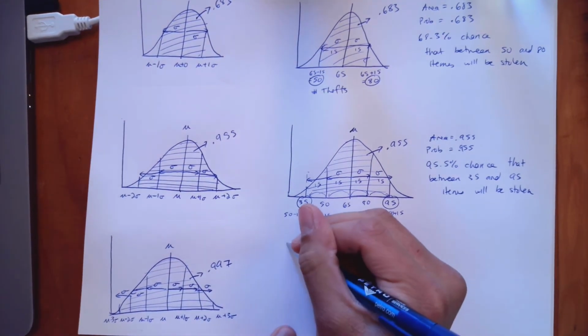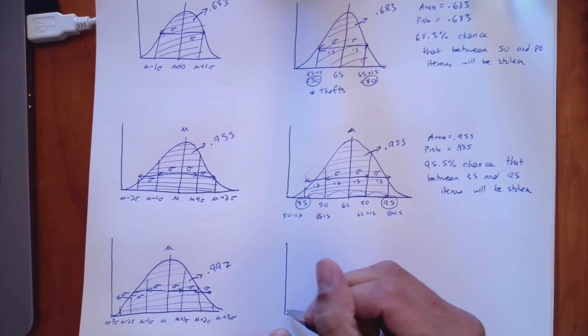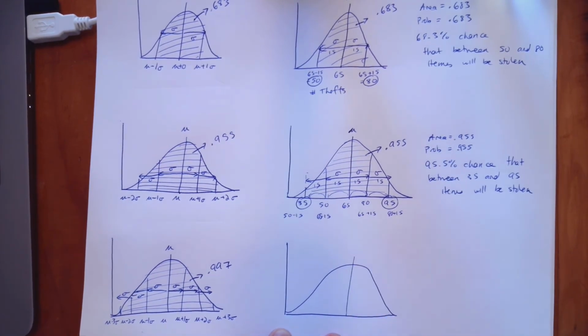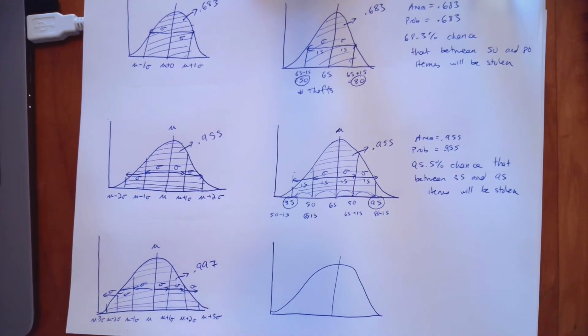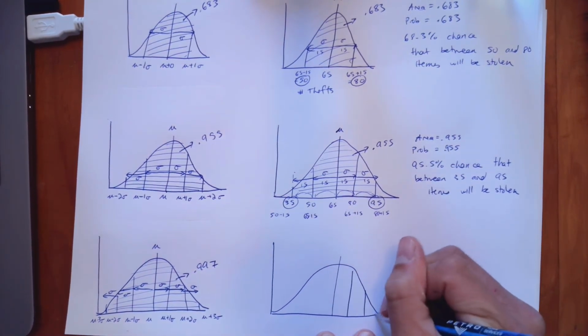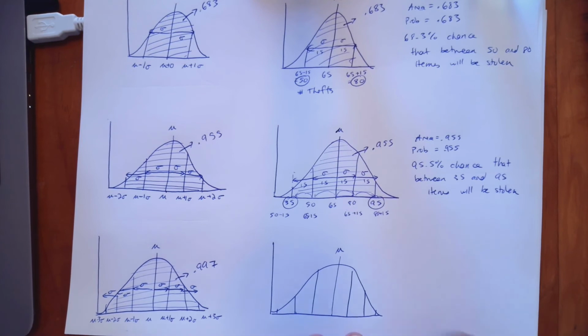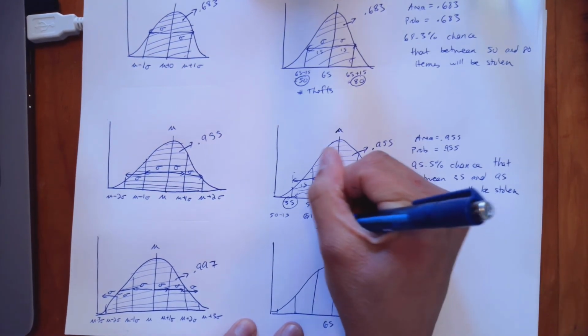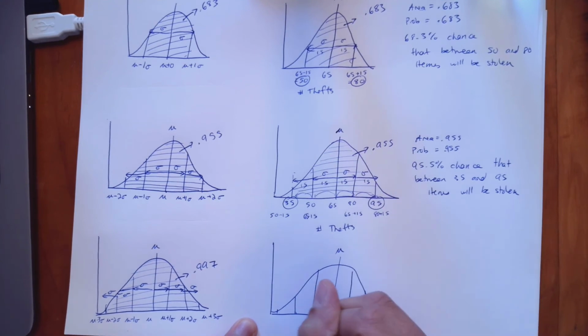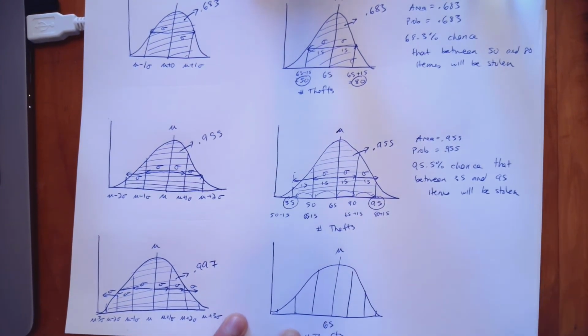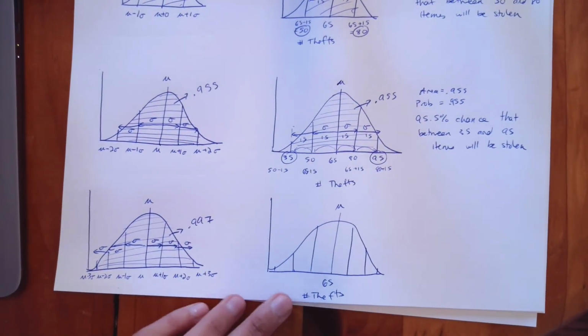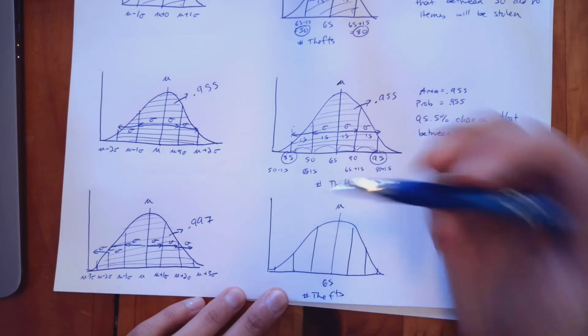So we can apply this to our thefts example now and find out the probability of the number of items being stolen that falls between 3 standard deviations on either side of the mean. So we've got our mean here, which is 65, and I'll label number of thefts on both of these, and our probability is what's on the y-axis.